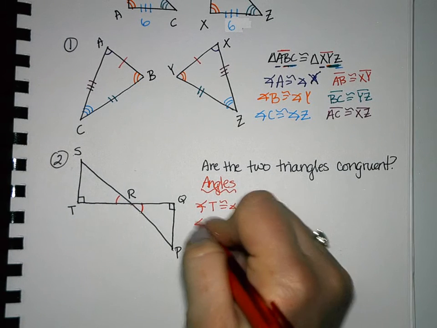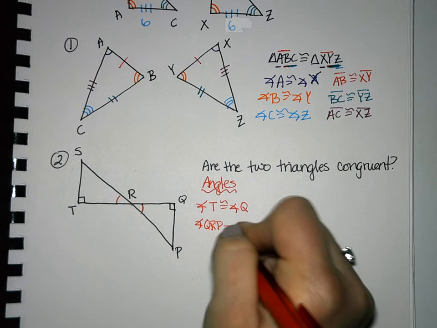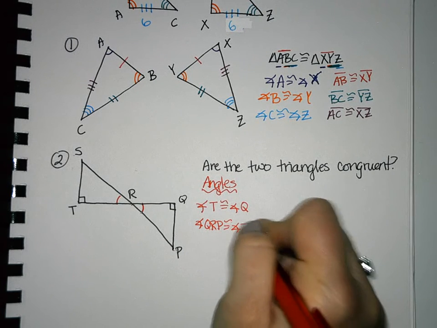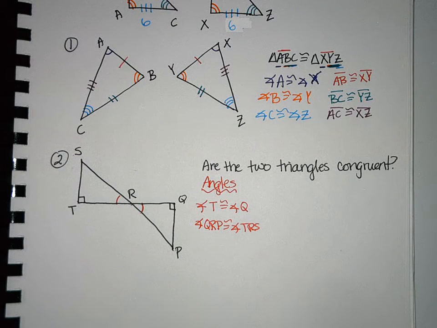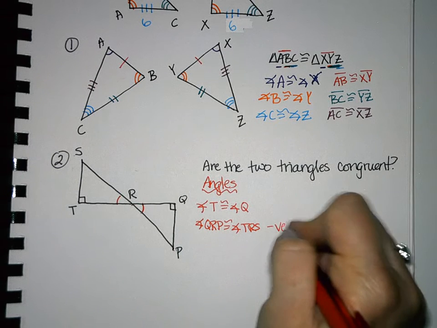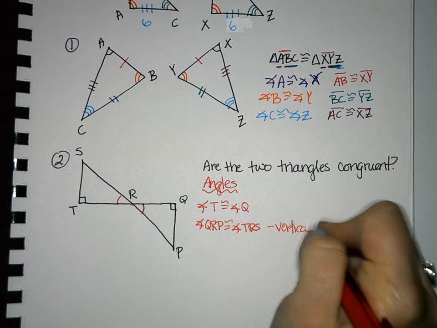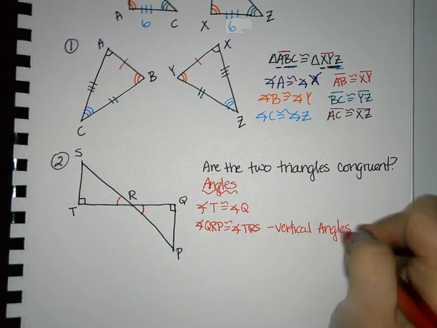What kind of angles are those? What's the angle pair relationship that lets us say those are congruent? Rosemary? Okay, they're vertical angles. So if you want to make a note there for yourself, that's why we were able to say that.